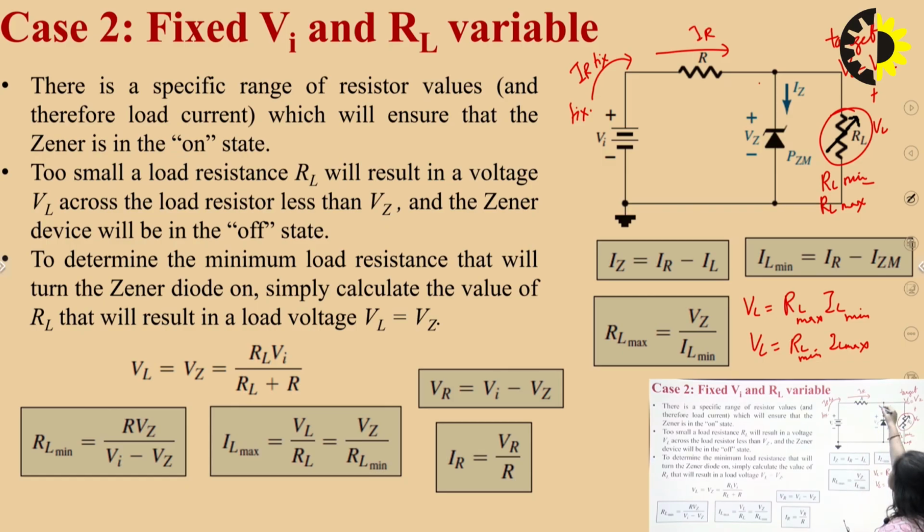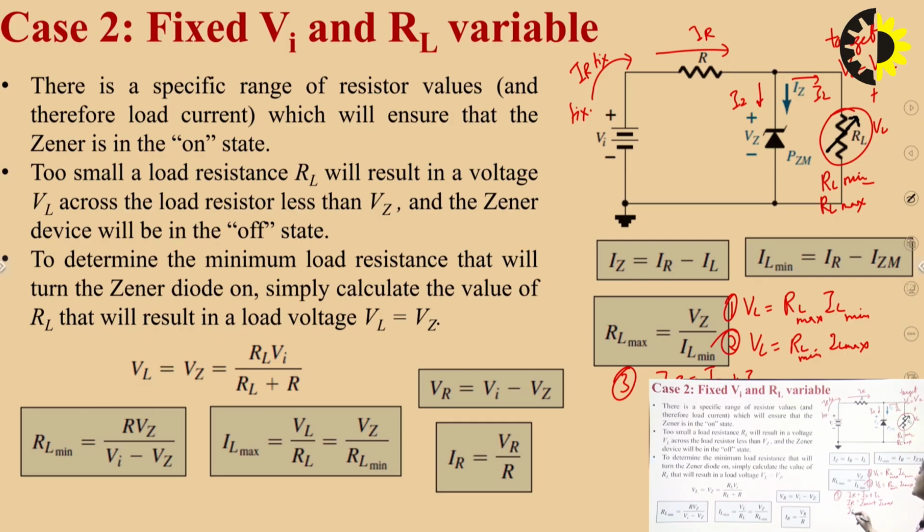And now this current is divided into IZ and IL. So first equation is this, second equation is this. Now the third equation: we know that IR is equal to IZ plus IL, but IR is fixed, that is constant, and IL may be max. So if IL is max, IZ must be minimum, because IR is fixed.